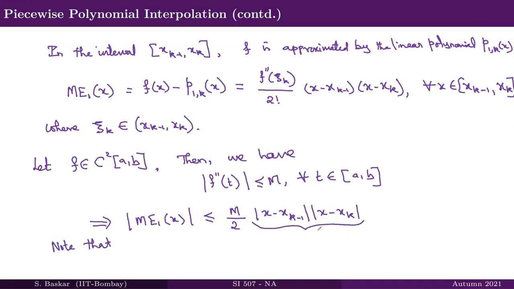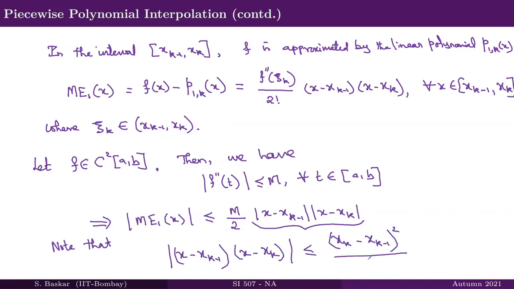By fixing this function at the maximum point, we can see that (x minus xk-1) times (x minus xk) can be less than or equal to (xk minus xk-1) the whole square by 4, right?